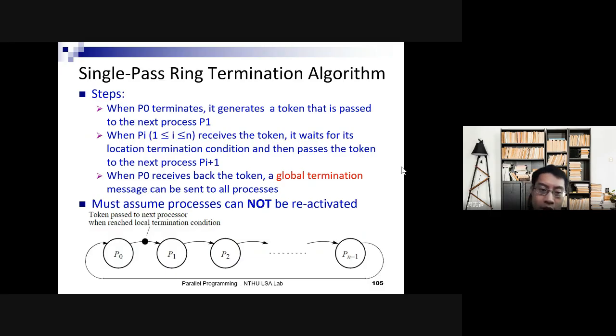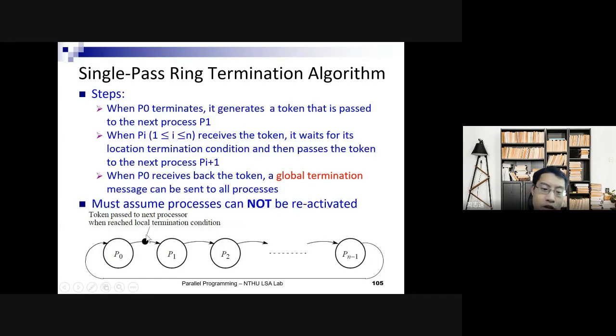So, what is a single pass ring termination algorithm? The idea is pretty simple. Because the termination condition can only be reached if every local condition is satisfied, we use a token to pass around every single process to make sure all the conditions are satisfied.